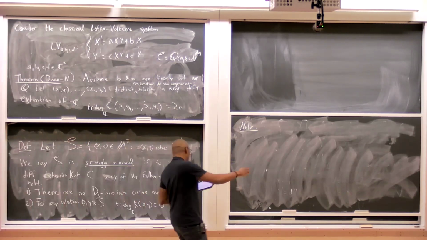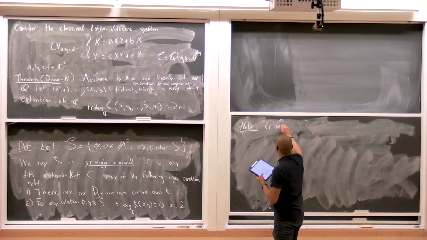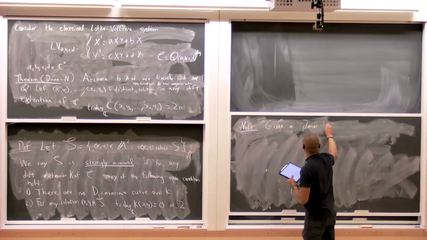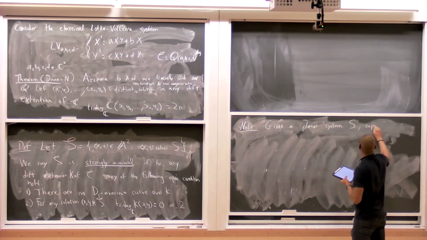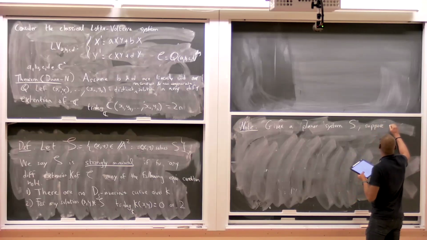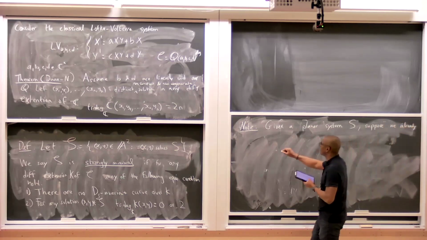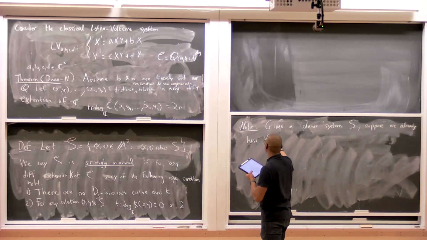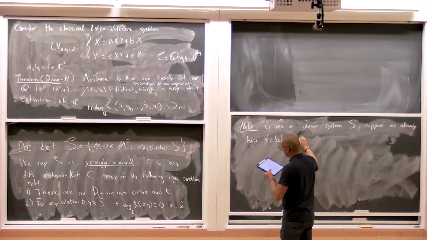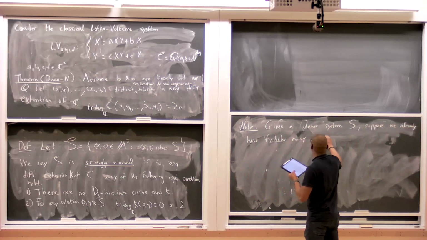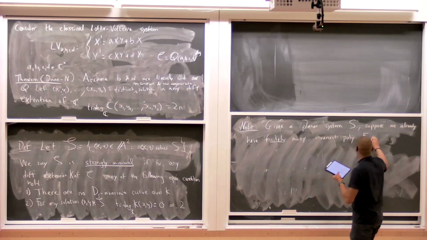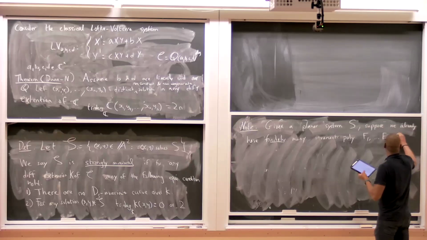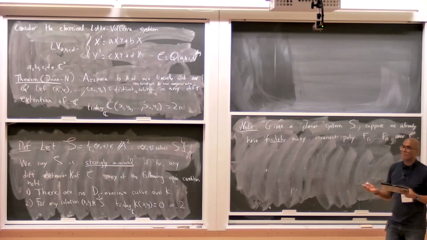Thank you. Beautiful. So, given a planar system S, suppose you already have finitely many invariant polynomial curves over the field where the system is defined.